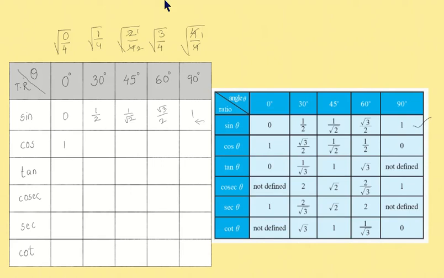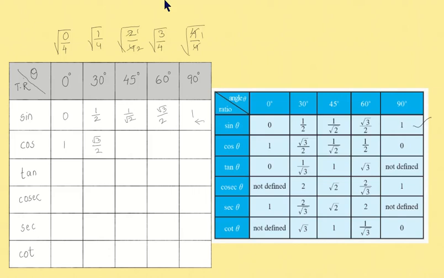What will be cos 30? Cos 30 will be root 3 over 2. What is cos 45? 1 over root 2. Cos 60 is half and cos 90 is 0. Let's check the values with the original table. It is the same.